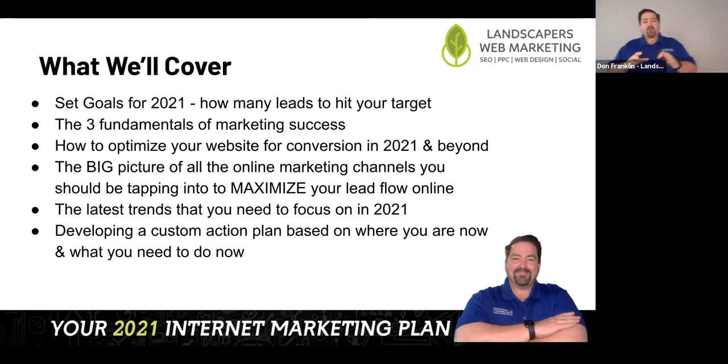Then we're going to talk about optimizing your website for conversion in 2021 and beyond. We're going to look at the big picture of online marketing channels that you should be tapping into to maximize your lead flow online. Then we're going to discuss the latest trends that you need to focus on for 2021. And the most important part, what this is all doing, is developing a custom action plan based on where you are now and what you need to do right now so that you can have a successful 2021 next year.